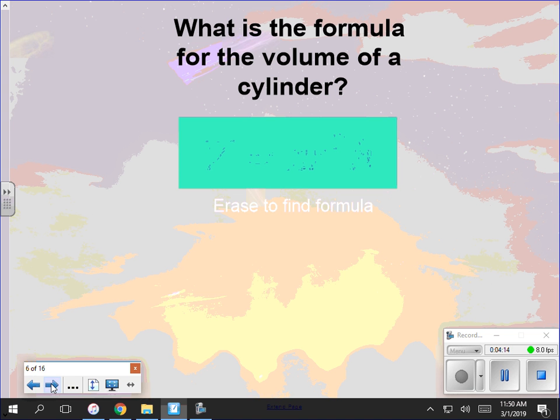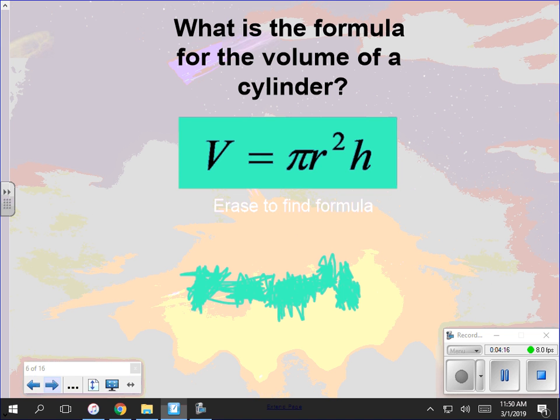Okay. And actually, I don't need to erase. What is the volume of a cylinder? You need to know the volume of a cylinder. It's one of those things that you kind of need to know. And actually, you will be expected for some of the AP questions to know the volume of a cylinder. Remember when we did related rates?